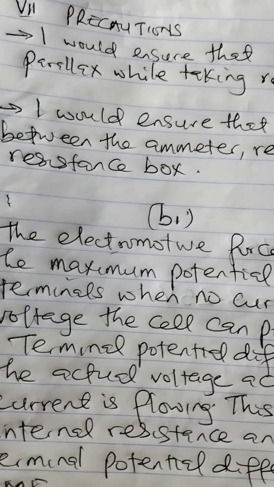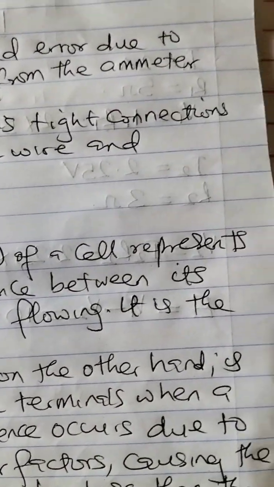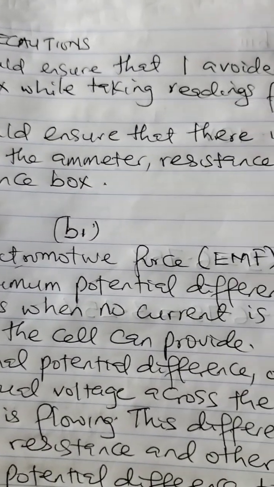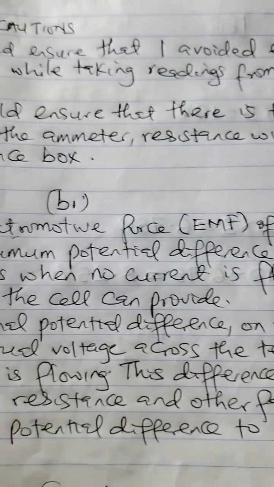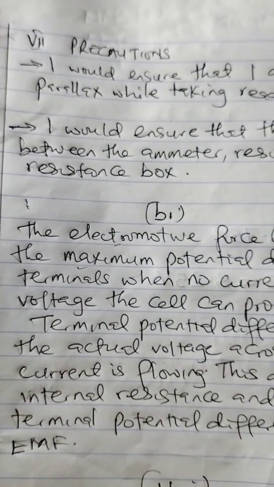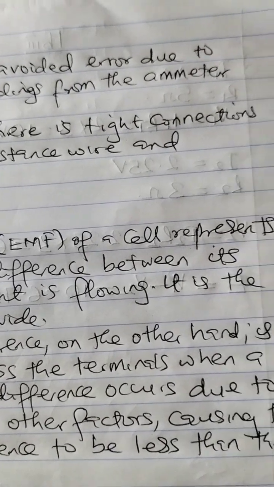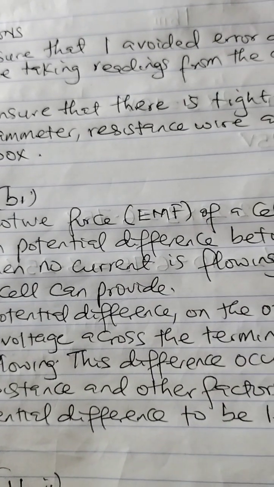So for 3BI, the electromotive force or EMF of a cell represents the maximum potential difference between its terminals when no current is flowing. It is the voltage the cell can provide.